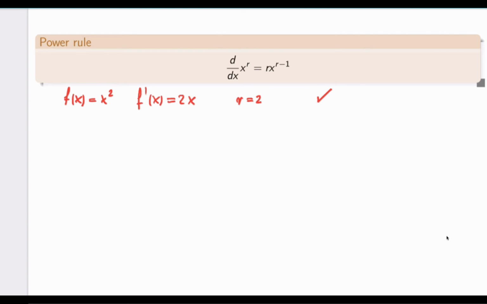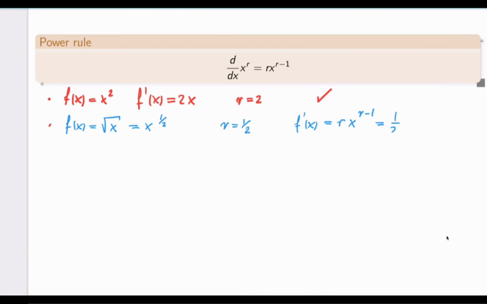But let me give you another example. f of x is square root of x. So square root of x is of course x to the 1/2. And so then we could use the power rule with r is 1/2. Let's do that. So then f prime equals r times x to the r minus 1, and r is 1/2.